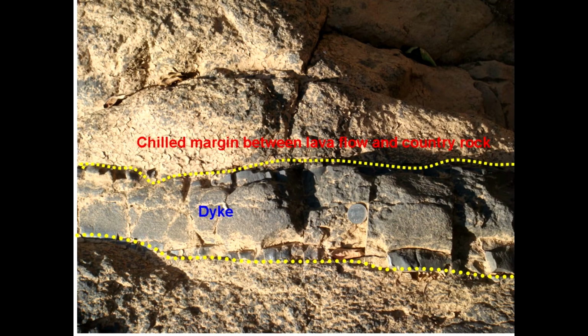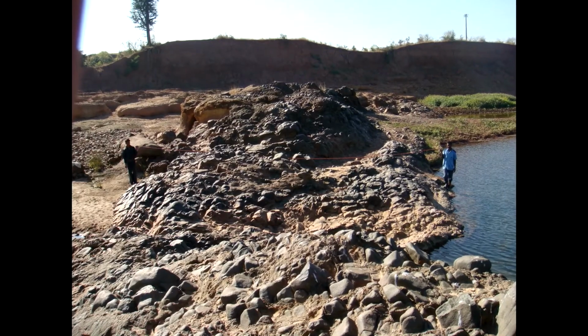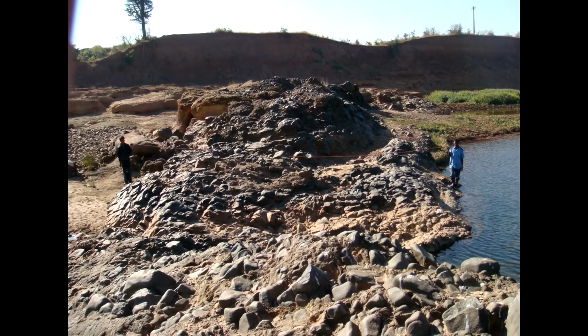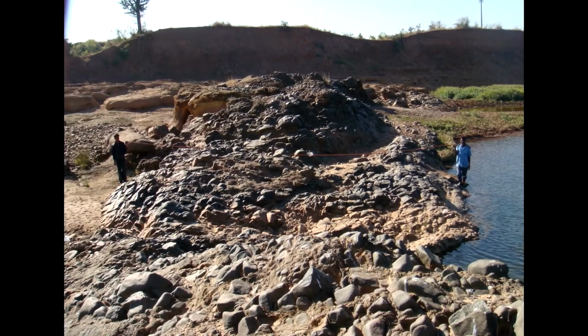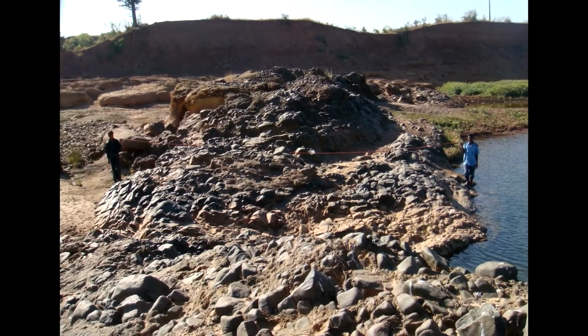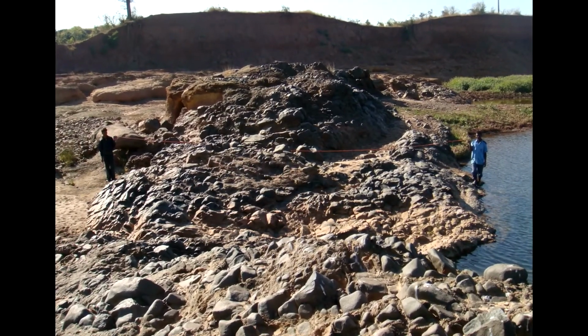Why are they glassy? Because these lava bodies come in contact with chilled margins. So sudden cooling of lava takes place, and most of the border areas of the dike are covered with volcanic glass.